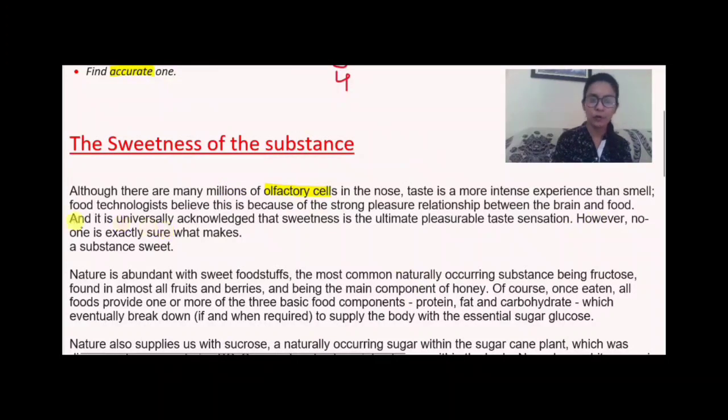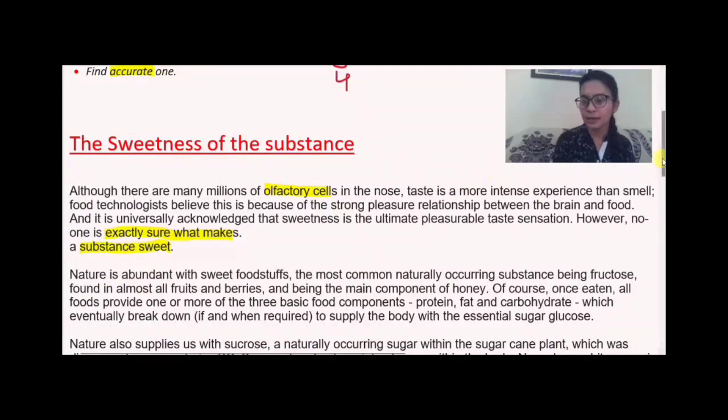However, no one is exactly sure what makes a substance sweet. They are using the word substance in the place of food. In the question they are talking about the sweetness of food, and here it is a substance, so they are not sure about the sweetness.